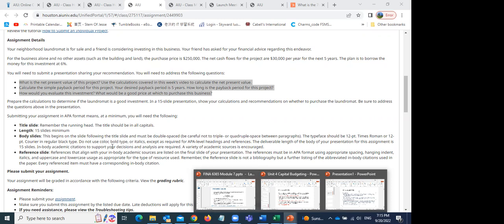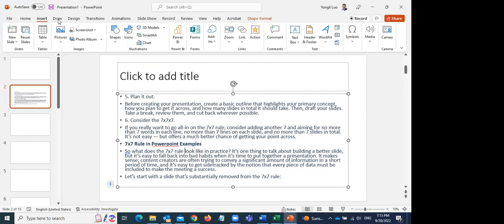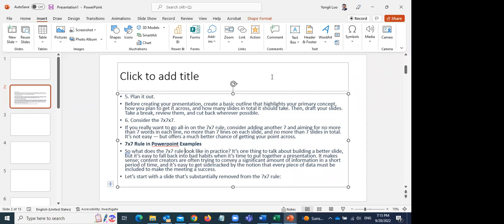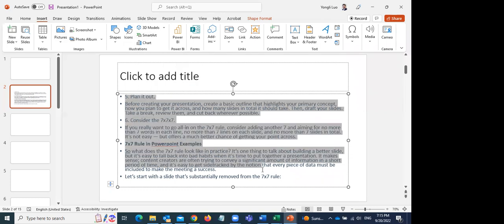You can use different colors, some pictures you find on the internet, or draw a picture yourself with different shapes, or use smart arts. But don't write a lot on each page, because it's very difficult to read.